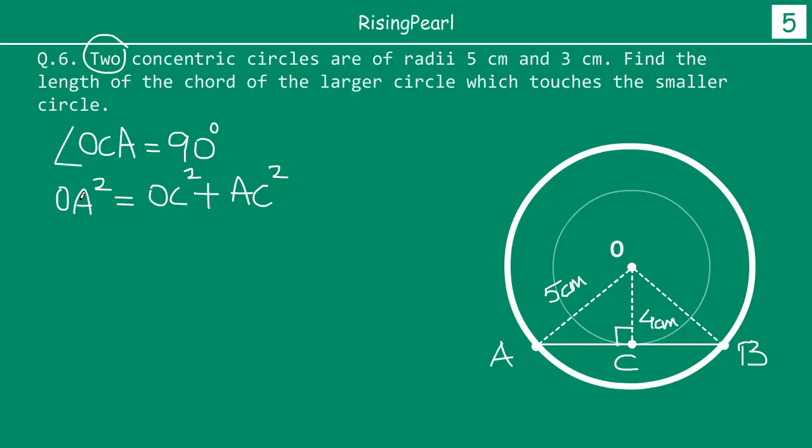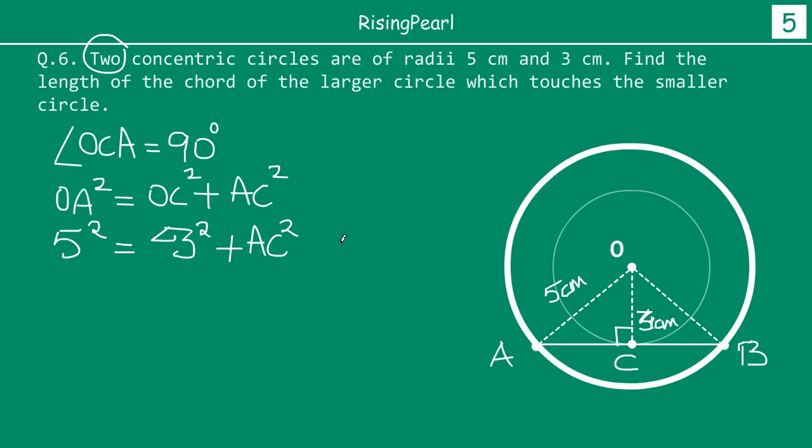OA is the radius of the outer circle, so that is 5 square. Now OC is the radius of the smaller, inner circle. Actually it is 3 centimeter, so it should be 3, not 4. So we have 3 square plus AC square.